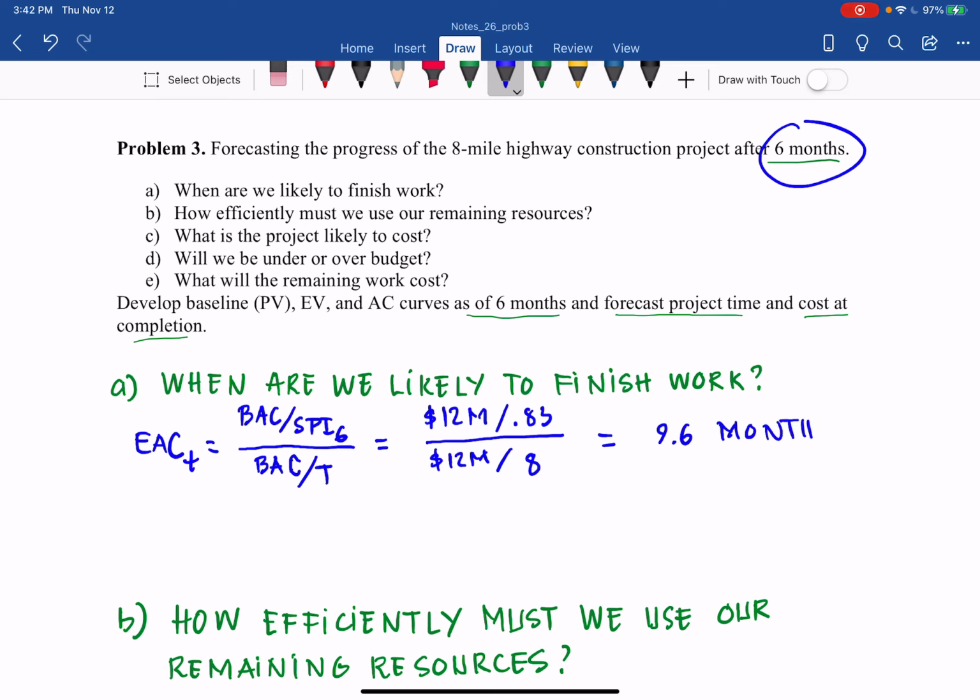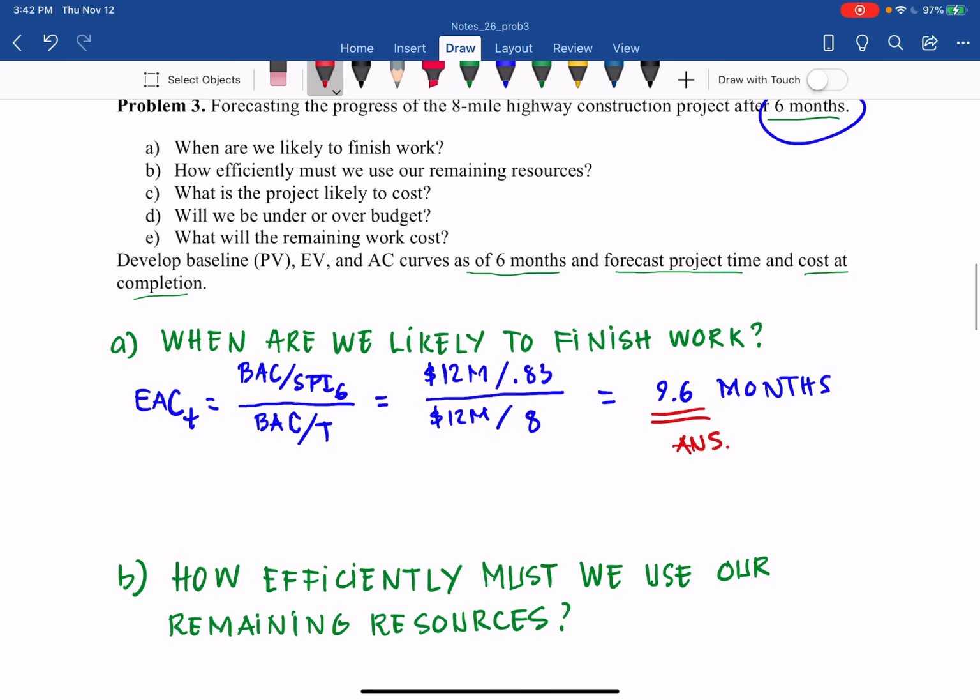So originally we planned to finish this project in 8 months, but at 6 months with the current progress, we anticipate that the project finishes in 9.6 months with a delay of 1.6 months. So that's what you have for the likely finish of the work.